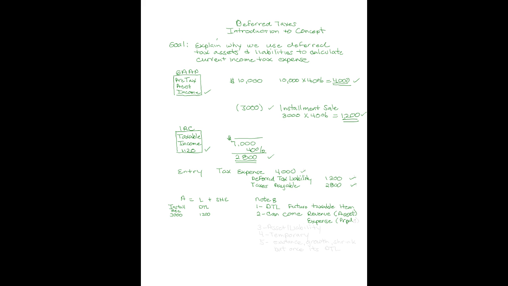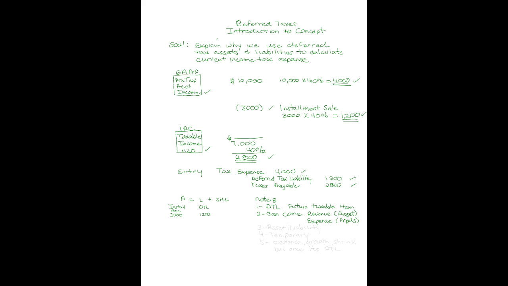On prepaids, when we set up a prepaid, we take something to an asset account instead of an expense account because we haven't consumed it yet. So if we prepay supplies, we set them up on our balance sheet as an asset. When we use them, we'll take them off and expense them.